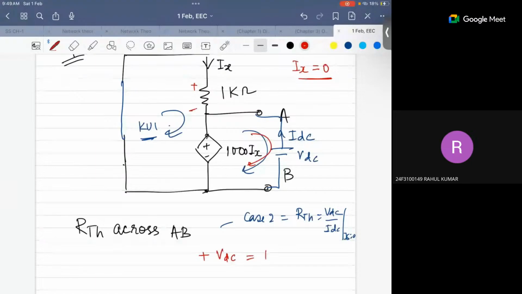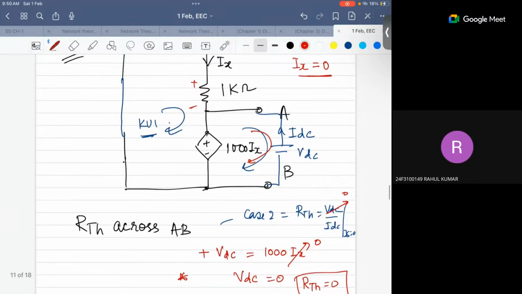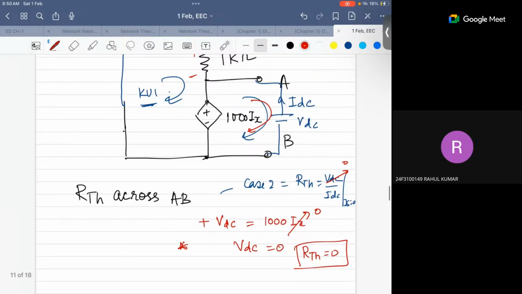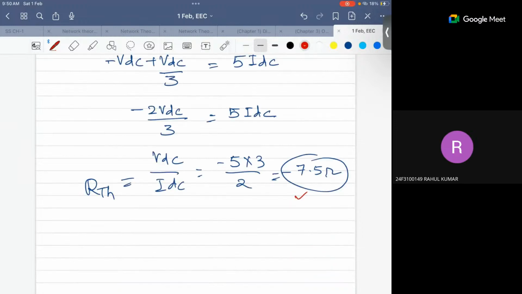There can be a circuit where only one thing is there: there should be a dependent source. Then in those cases, your equivalent circuit resistance can be 0 also. It can be negative also. We have dealt with many cases where the value was positive. Now we have dealt with some cases where the value is negative also, and some cases where the value can be 0 also.